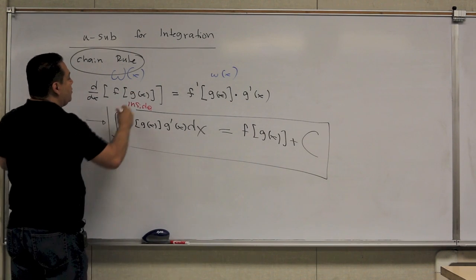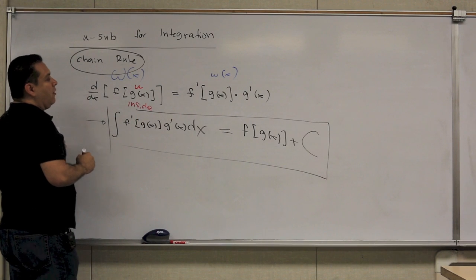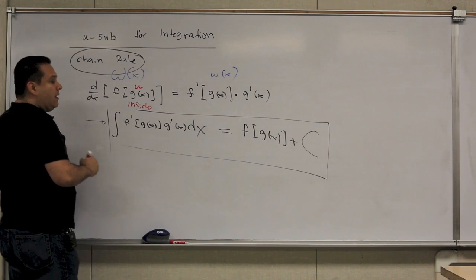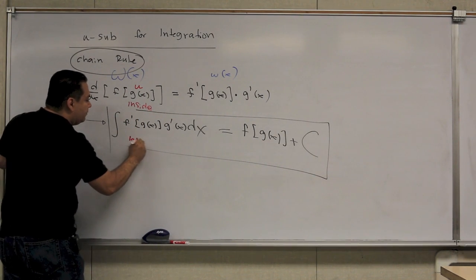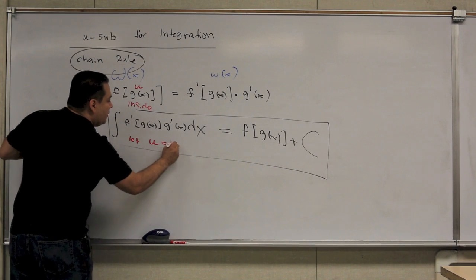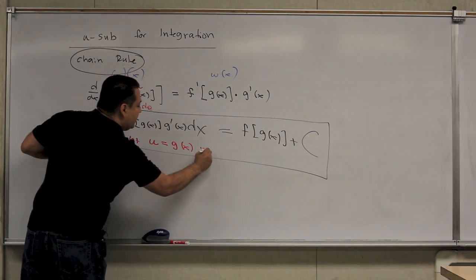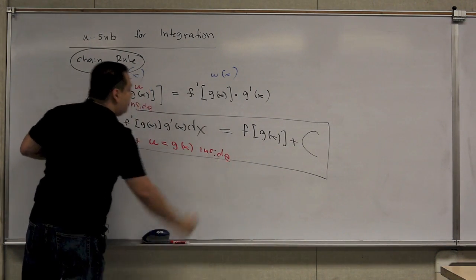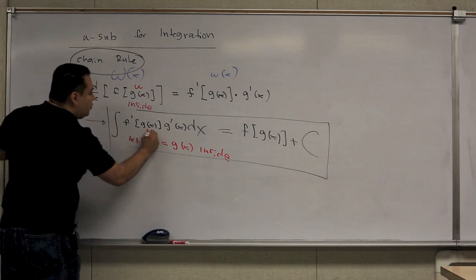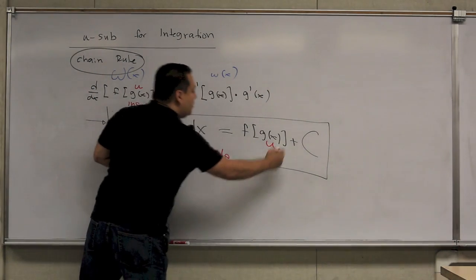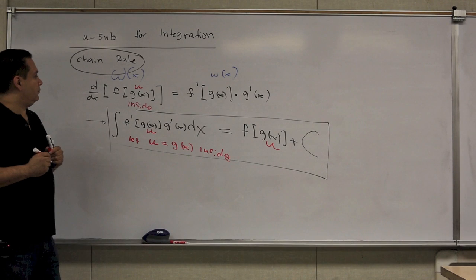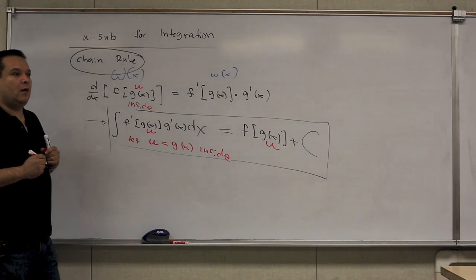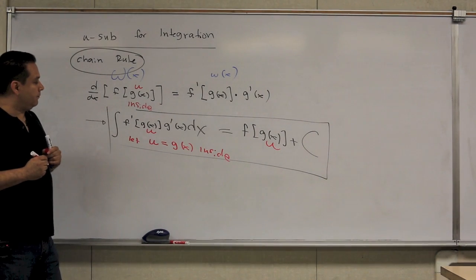So U is the inside function. So we're going to let U be g of x. It is the inside function. So I know that this is U and this is U. Okay, you guys okay with that?